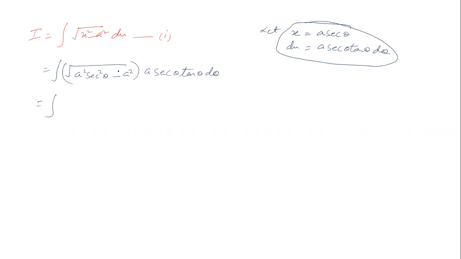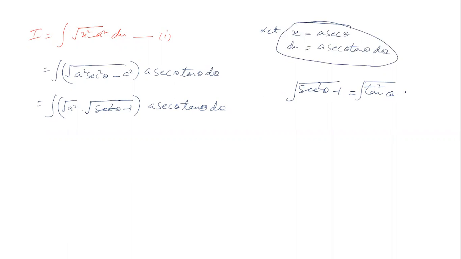Now taking a square common, the square root of a square as it is and square root of sec square theta minus 1, into a sec theta tan theta d theta. And we know that sec square theta minus 1 is tan square theta. The square root of sec square theta minus 1 would be square root of tan square theta, that is tan theta.